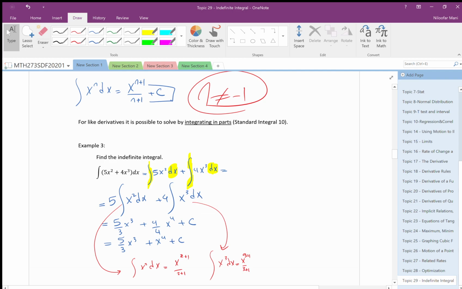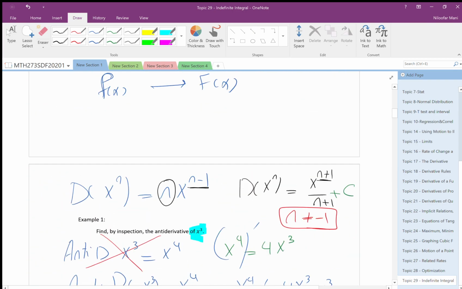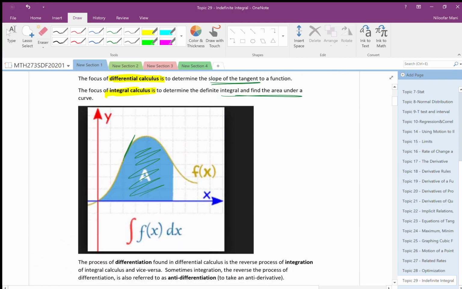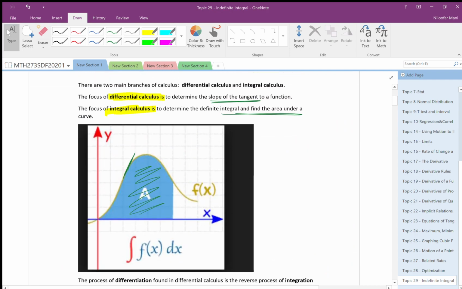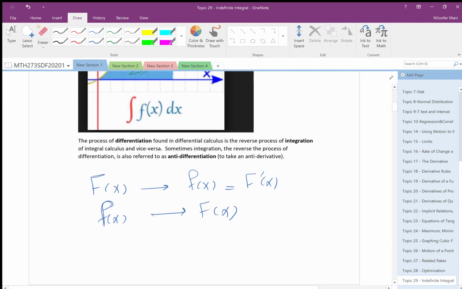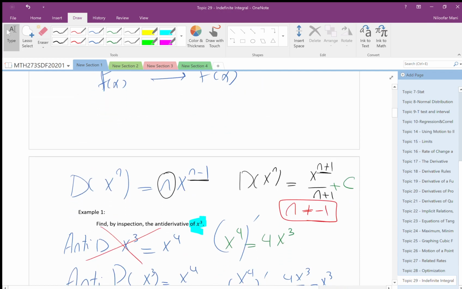Okay? So if I want to summarize the lesson, here I am doing antiderivative or integral. It means I have the derivative and I want to find the original function. If I find the answer and then find the derivative of that, I reach the function that I have.